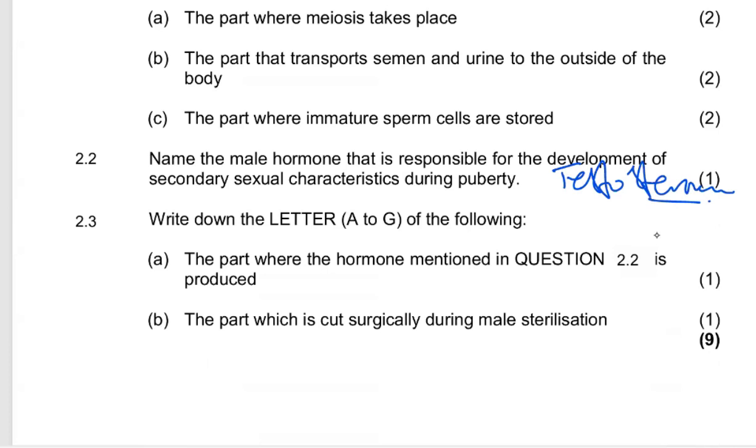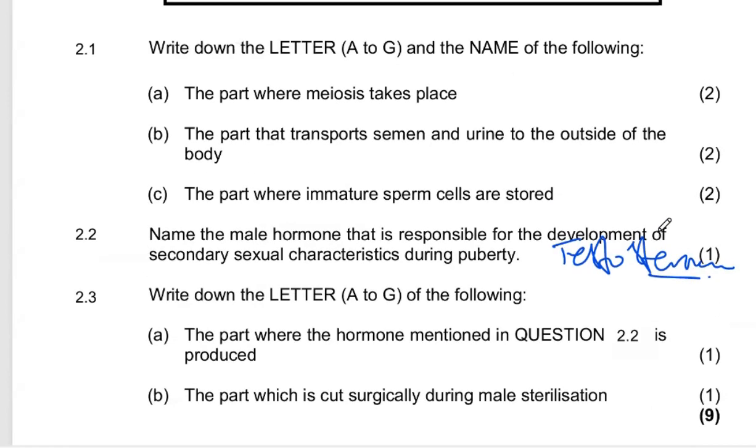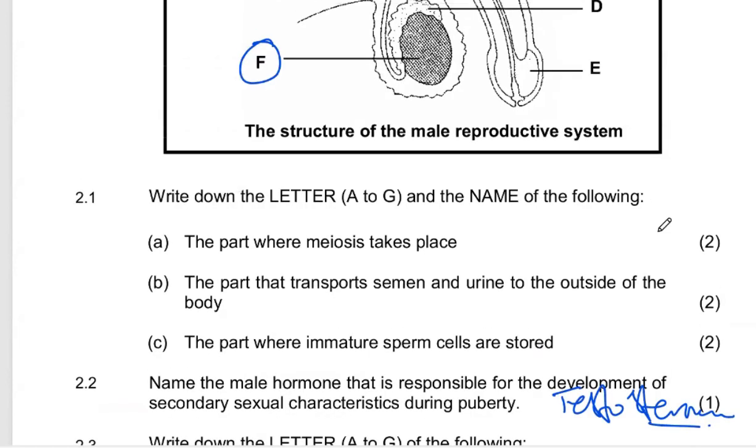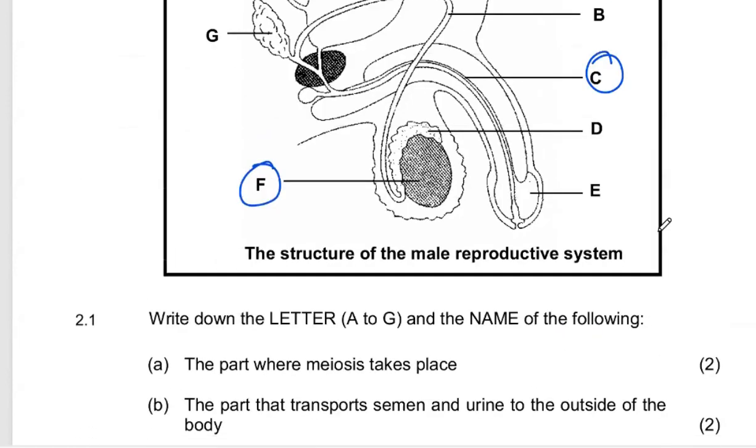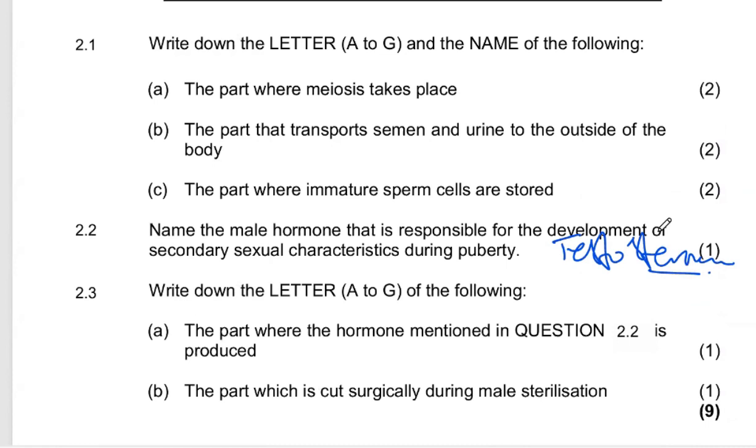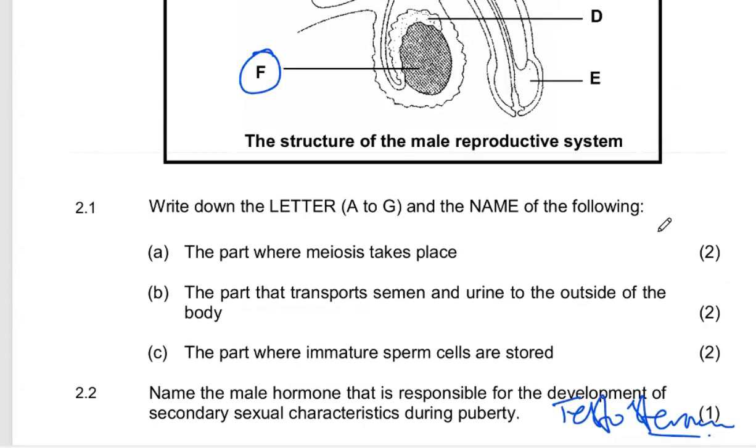Then write down the letter of the part where the hormone mentioned in 2.2 is produced. Where is this hormone produced? It's produced in F, which is the testis.